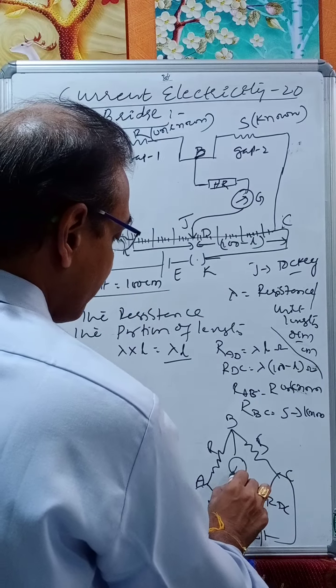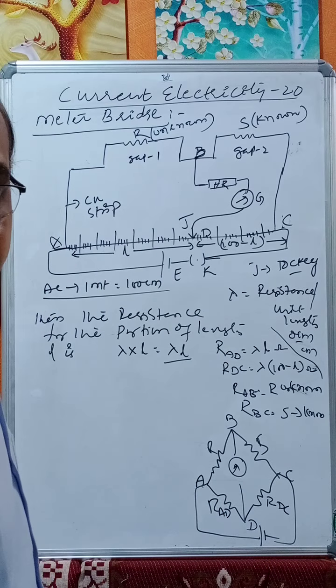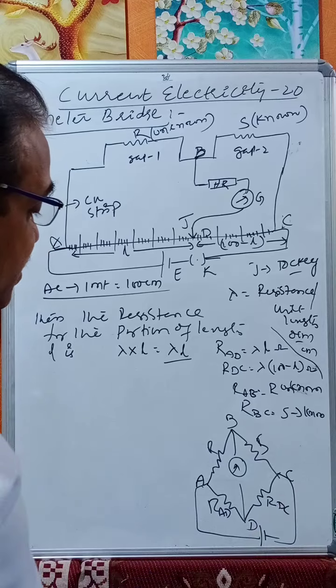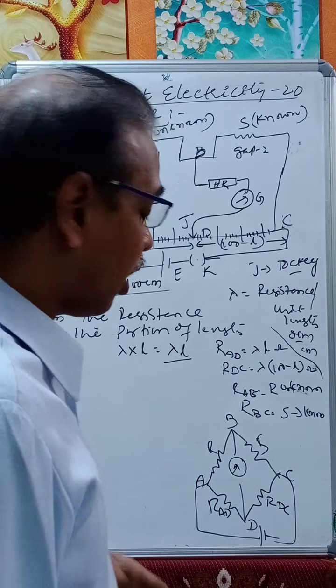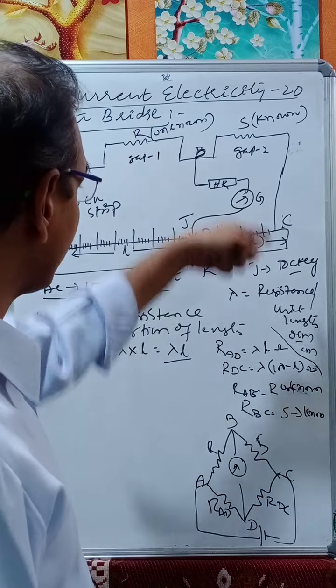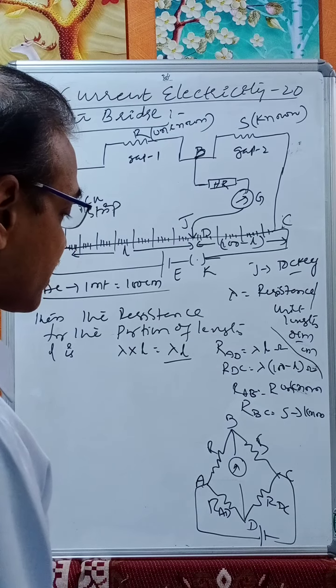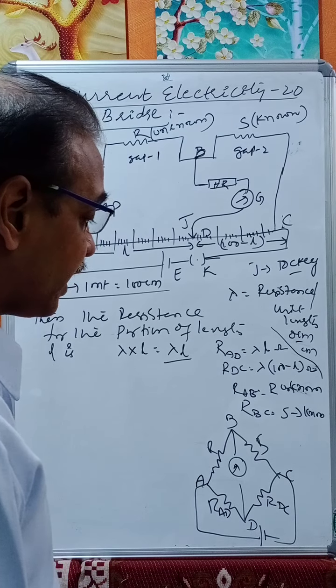Therefore this is like a Wheatstone bridge, with resistors R, S, RAD and RDC.